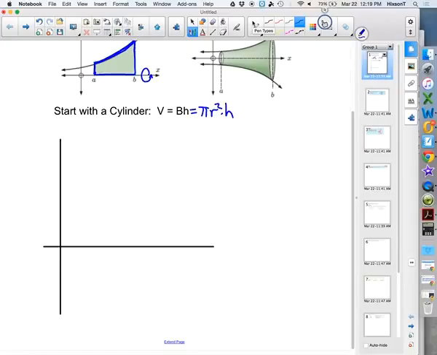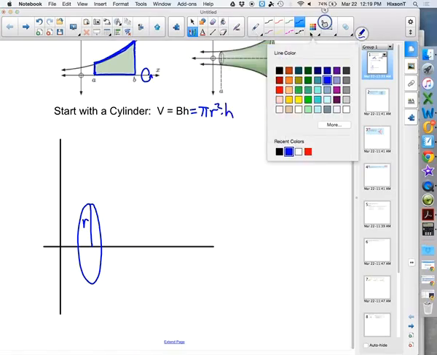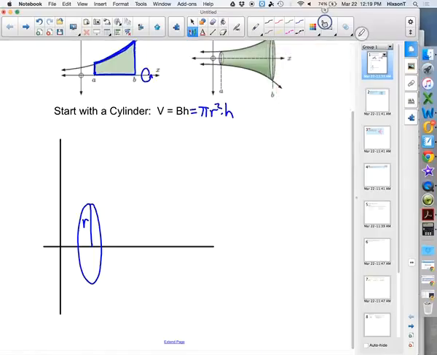So we could see a cylinder as a radius like this that's then revolved around the x-axis. I'll throw in a little dotted line so we can see what's in the background. Here's the base of this thing, that part's in the background.